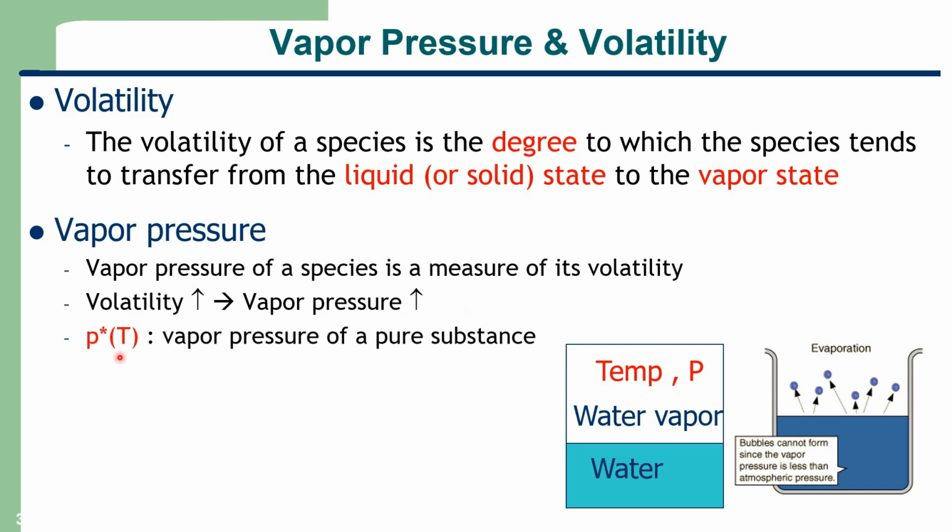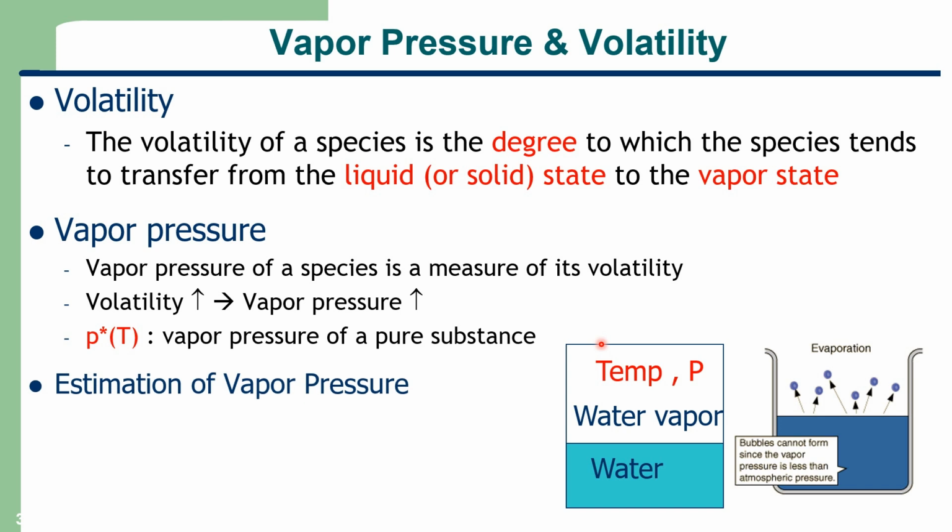We use this symbol: P star is a function of T. If T increases, vapor pressure increases. So we use P star to represent vapor pressure of a pure substance.